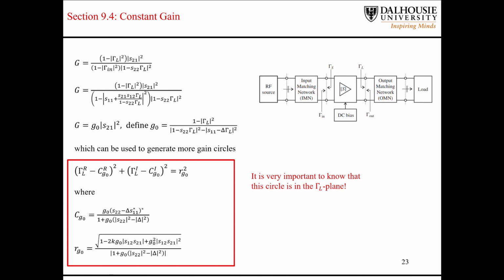Make sure that you're aware of this, that so far for the unilateral gain method, we can have circles in the gamma S plane when we're talking about the input matching network, and we can have circles in the gamma L plane when we're talking about the output matching network. Here, so far, with the operating power gain, we have gain circles that are only in the gamma L plane so far. In the next lecture, we're going to see how to map these circles from the gamma L plane to the gamma S plane to be used with noise circles.